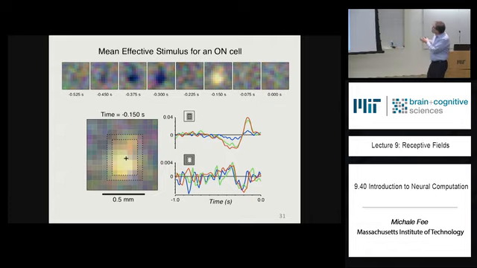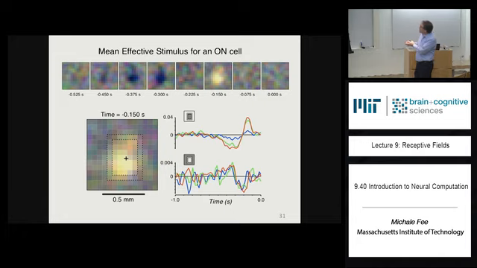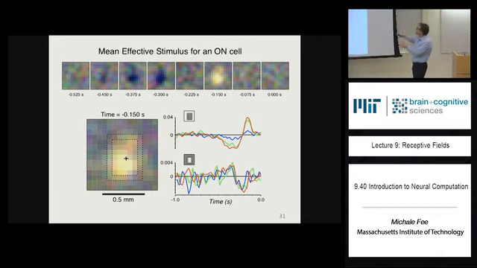Sorry, that's the spatio-temporal receptive field, right? A spatial stimulus as a function of time. You can write that as a product of a spatial receptive field and a temporal receptive field. So here's what the spatial receptive field looked like, and here's the temporal receptive field.